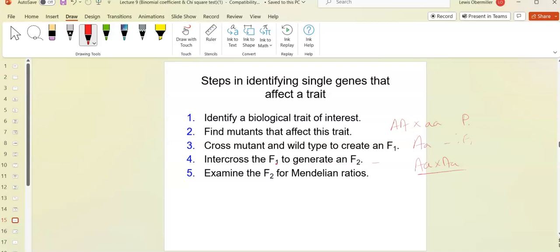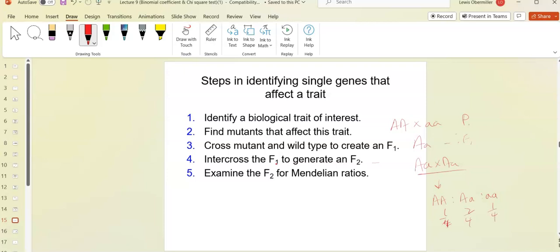And when you intercross them, you're going to get an F2, and from doing all these crosses we're going to get a 1 to 2 to 1 genotype ratio. 1 to 2 to 1, which is 1/4 to 2/4 to 1/4.